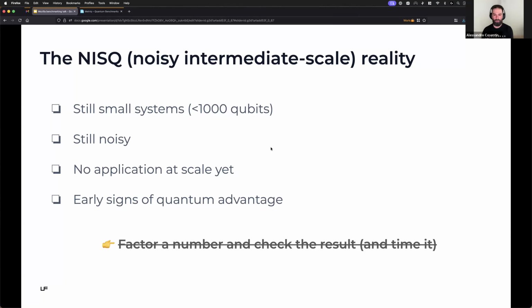And you cannot time it. That would be the equivalent of the kind of benchmarks we have in the classical world, like the Geekbench equivalent: you own a quantum computer at home, you ask it to factor, you measure how long it takes. The smaller the number, the better. But we cannot do that yet.